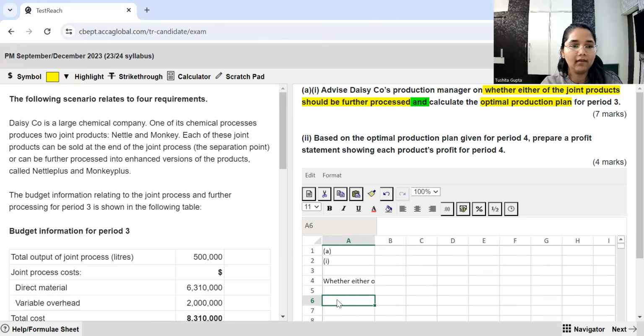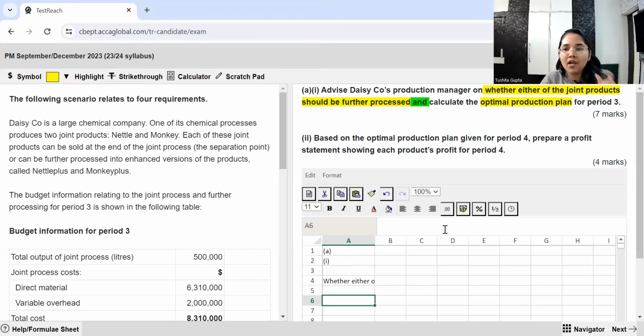So this is our header, and then see, over here we are assessing whether or not we should process this thing further. So when will processing further be beneficial? Processing further will always be beneficial if there is something extra profit that you are able to generate because of processing that further.